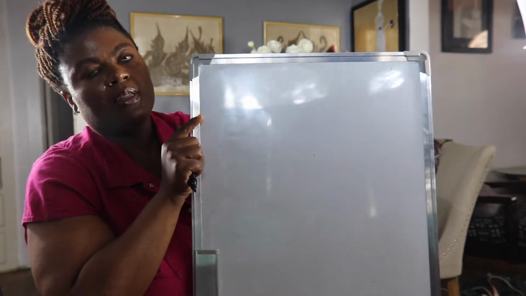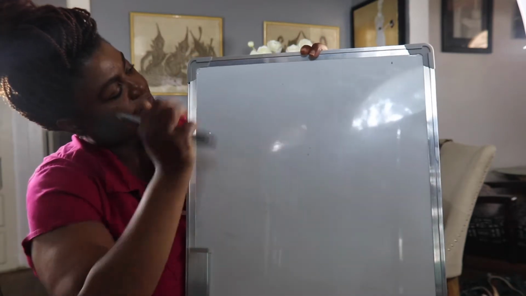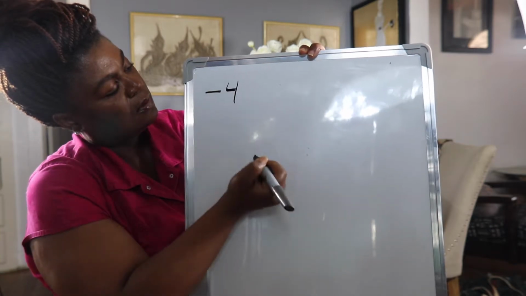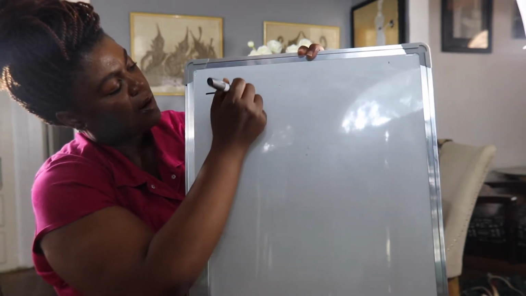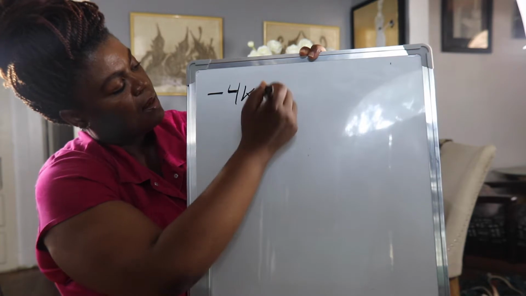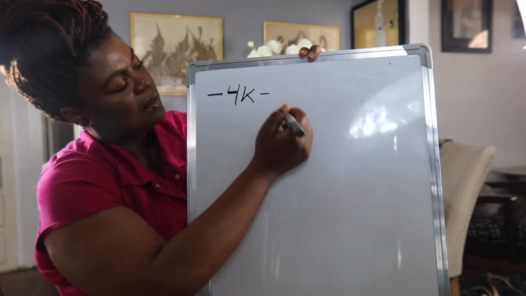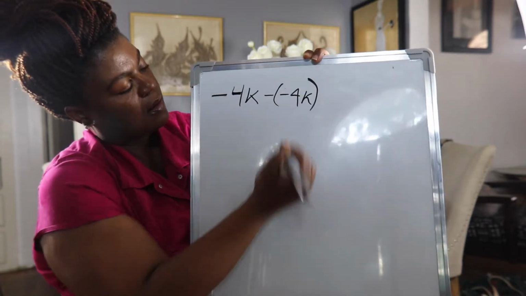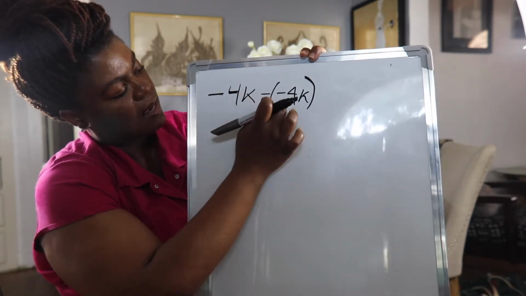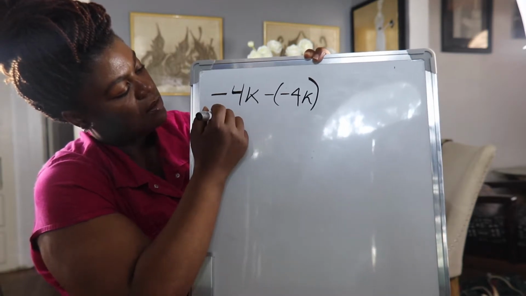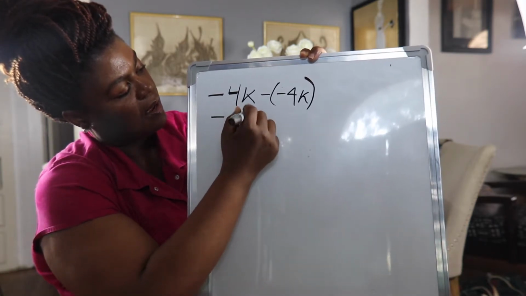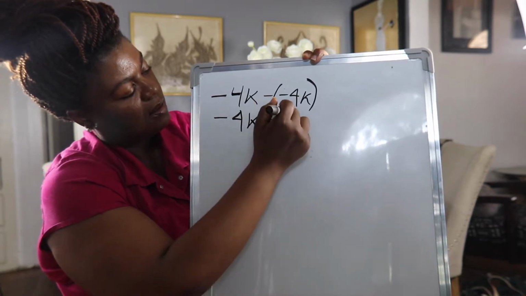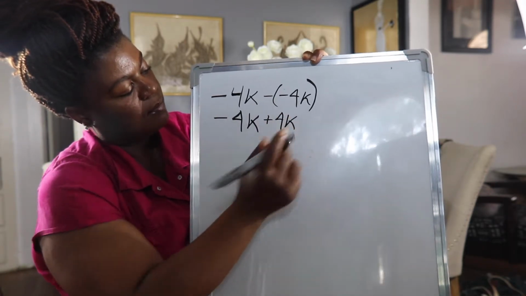And we're still working with negative variables. So if I had a negative 4, let's say negative 4k minus a negative 4k, that negative times that negative is going to become positive. So now I'm going to have negative 4k, I know I wrote my 4s different, plus 4k.